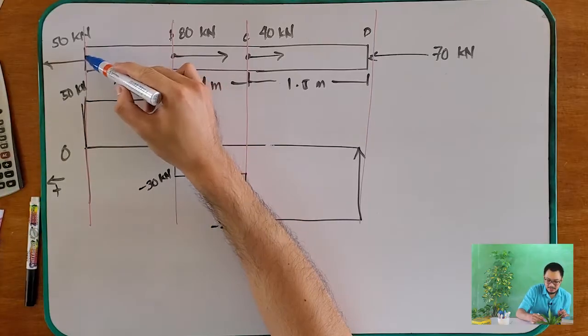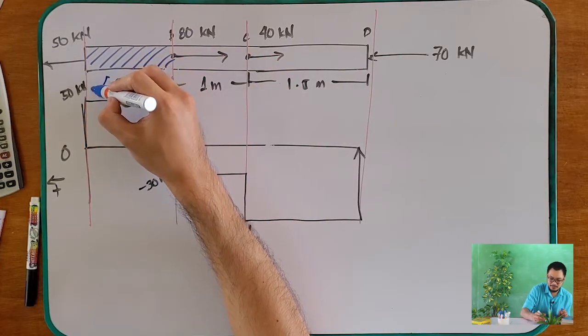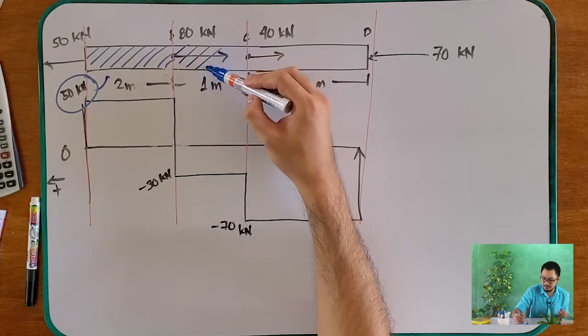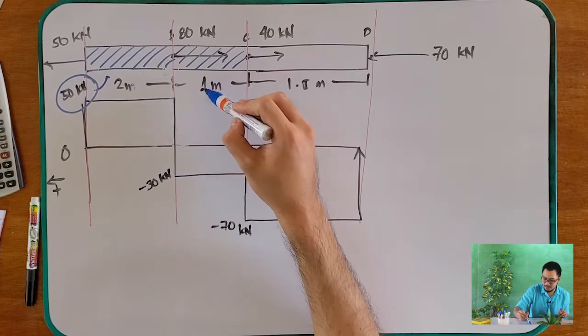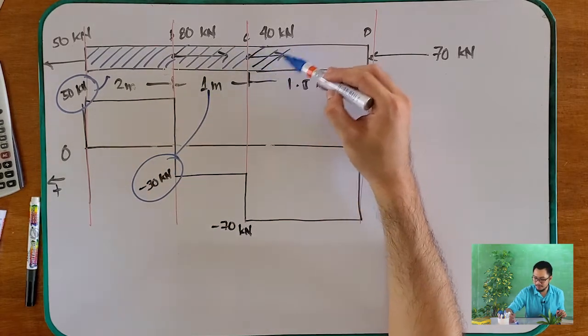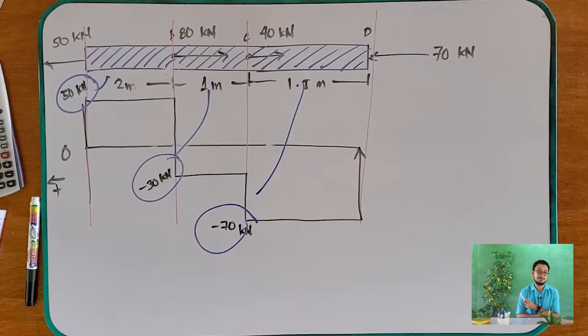So, kani nga segment diri, ang iyang internal load is 50 kilonewtons. Ang kaning atong segment diri, ang internal load niya is mao ning atong 30 kilonewtons. And kaning load diri, ang internal load niya kay negative 70 kilonewtons.